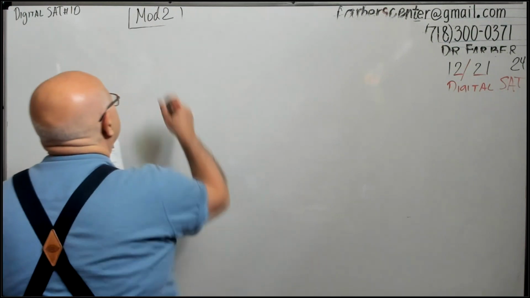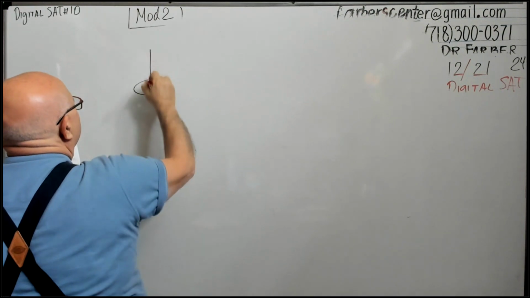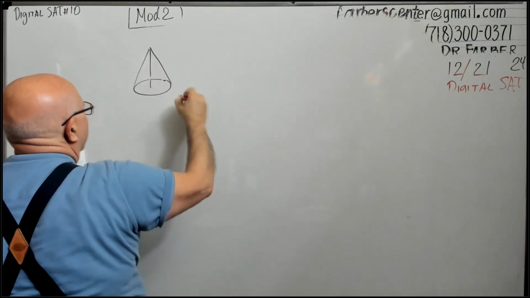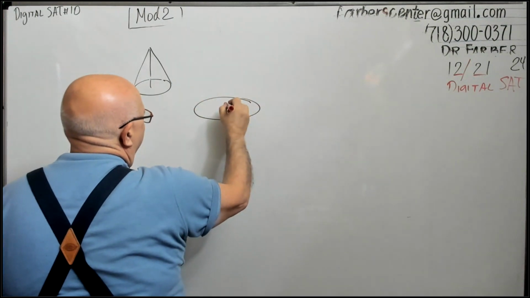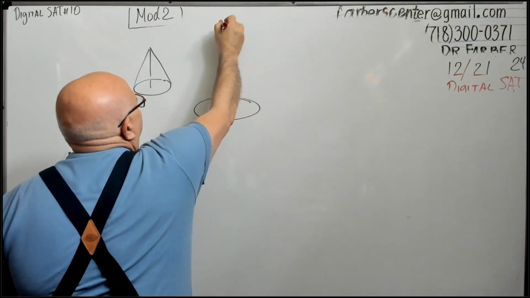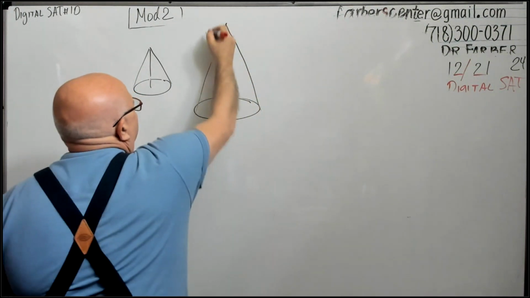Two similar cone-shaped cells, one and another one. Pretend they're similar.